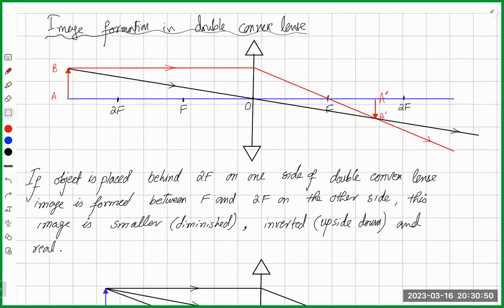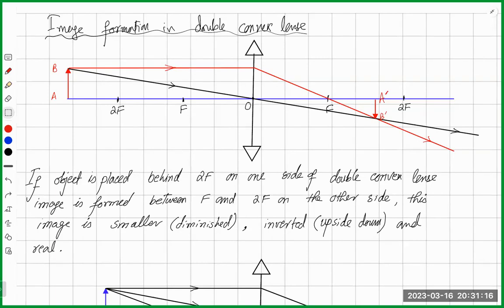The point where they both intersect is the position of the head of the image, and we get the image over there. We can see this is an upside down image. We call it inverted. Comparing the size of the image with the object, the image is smaller than the object.